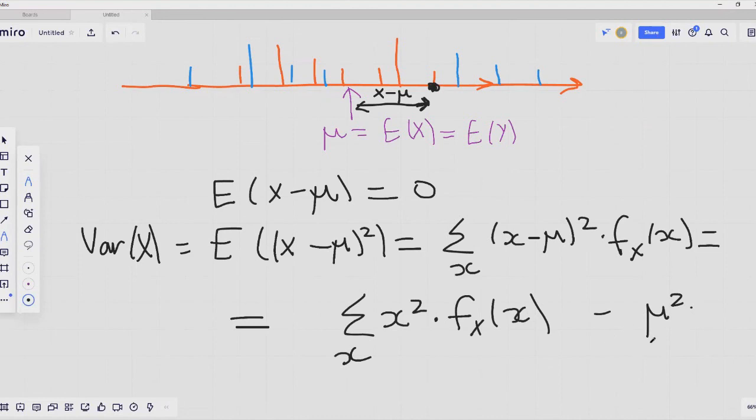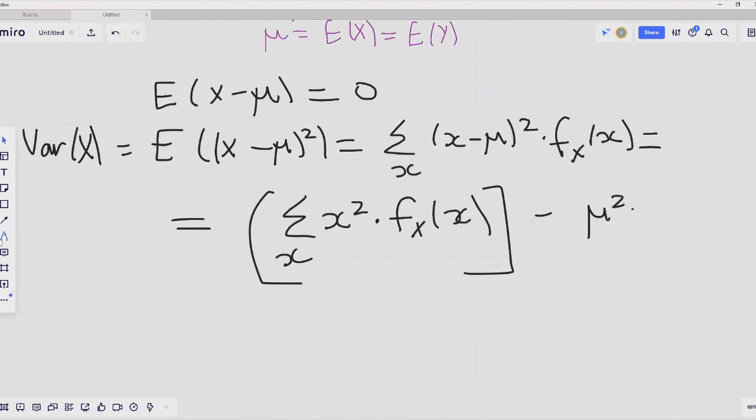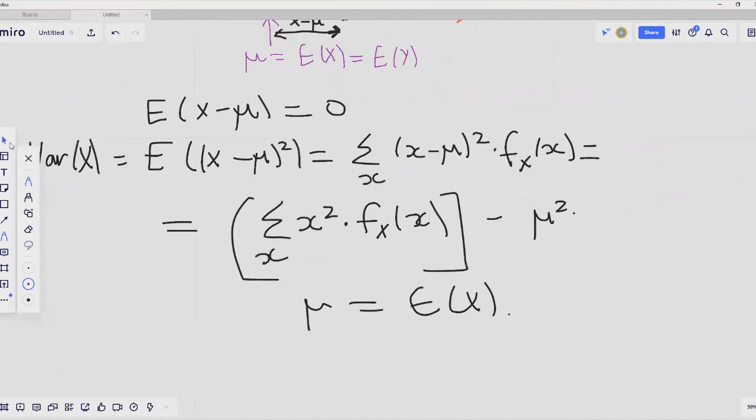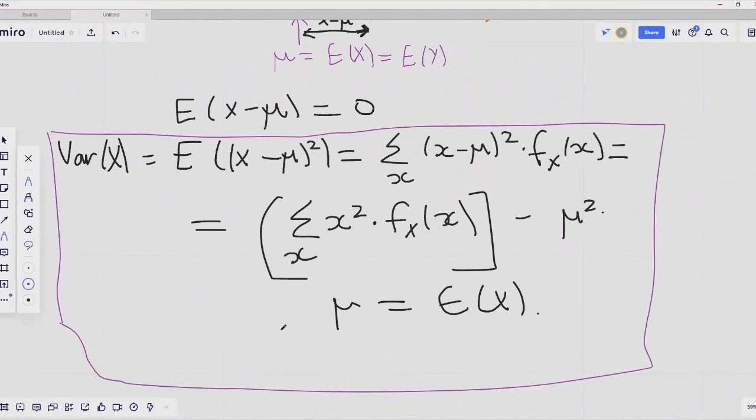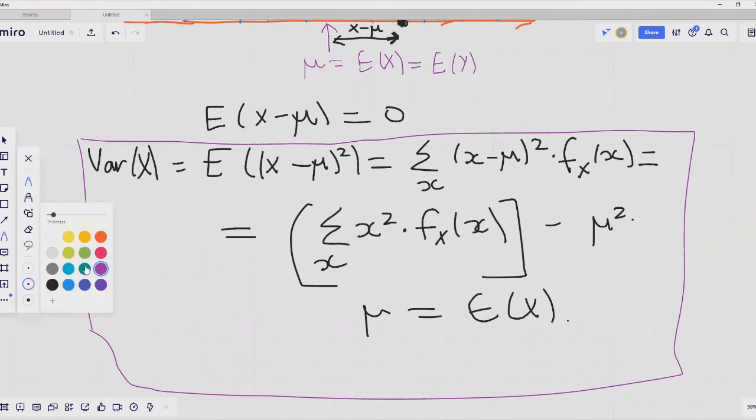Now, this mu squared is outside of the brackets here, and mu corresponds to the expected value of random variable x. So here we have a definition for the variance of x, the variance of a random variable. It is also denoted as sigma squared.